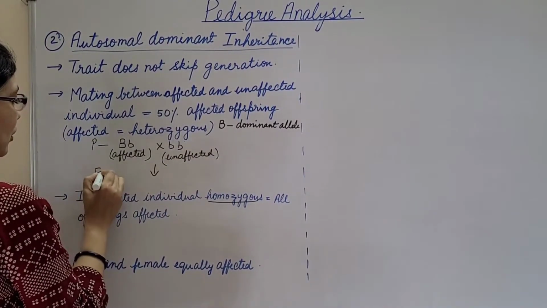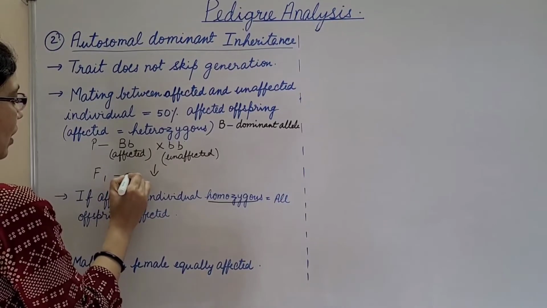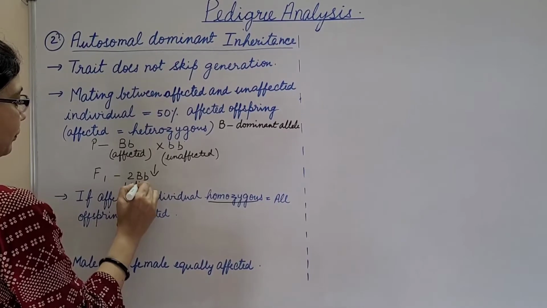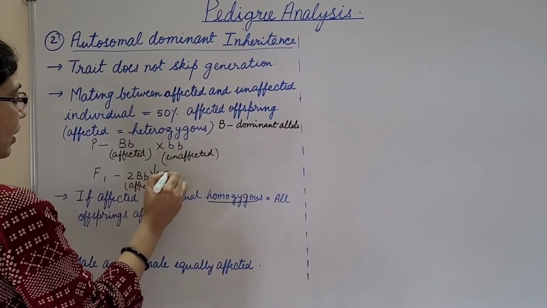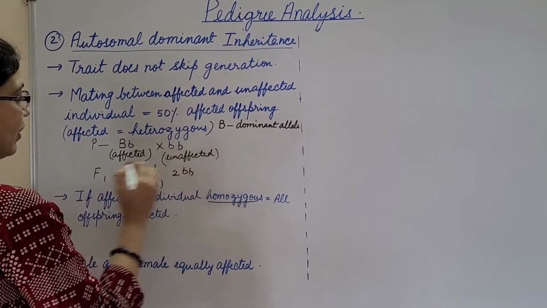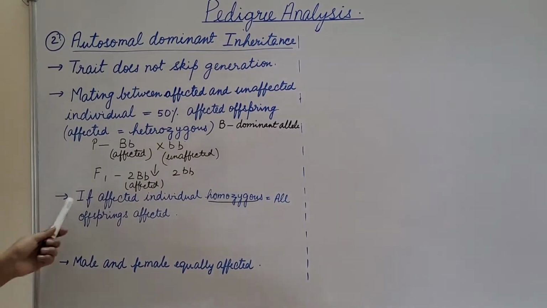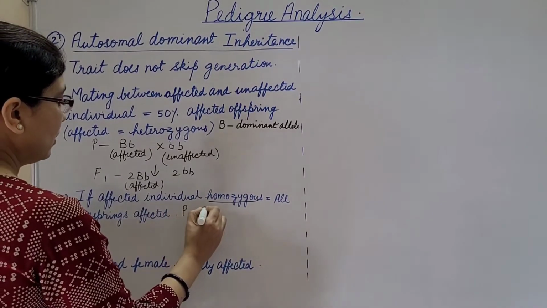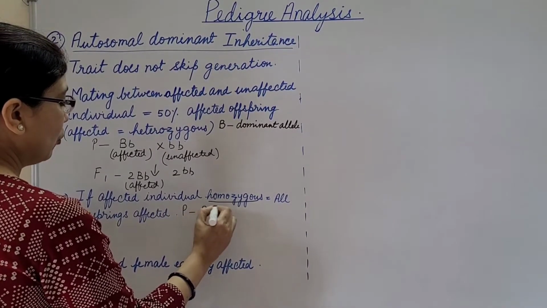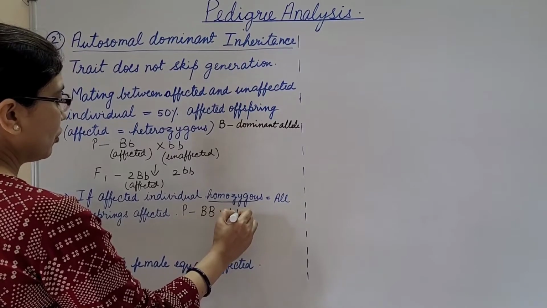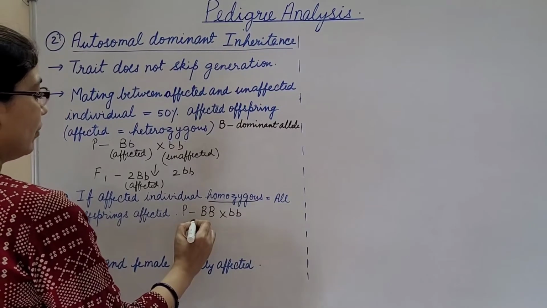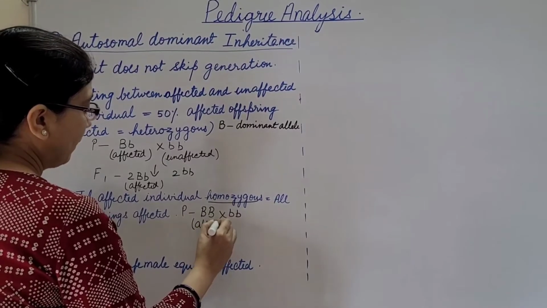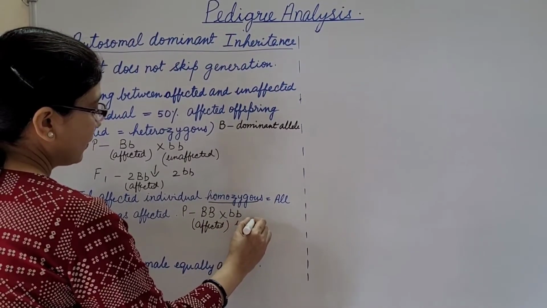Then in the F1 generation, half are affected offspring and half are unaffected. But if the affected individual is homozygous, it means in the parental generation a homozygous affected individual is crossed with a homozygous unaffected individual. So this is affected and this is unaffected.